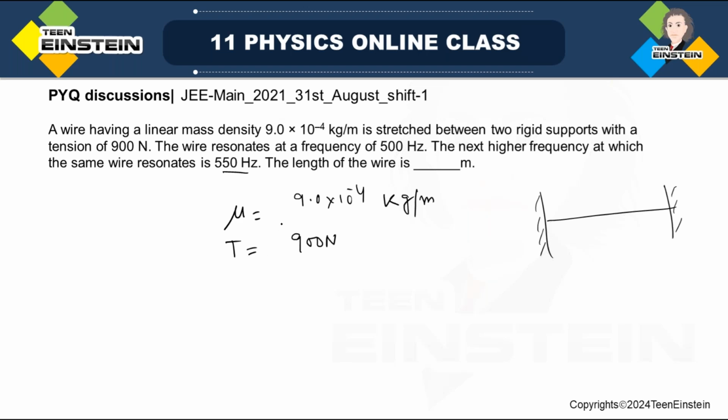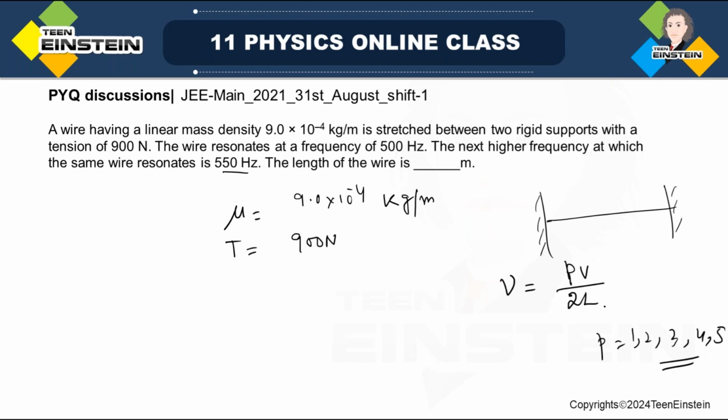So I have to recall the formula for the harmonics generated in a straight string. We know that nu_p is equal to pV by 2L, where p is 1, 2, 3, 4, 5.